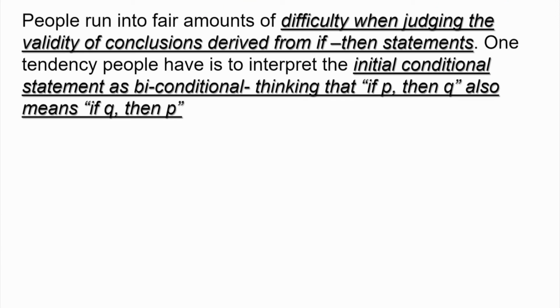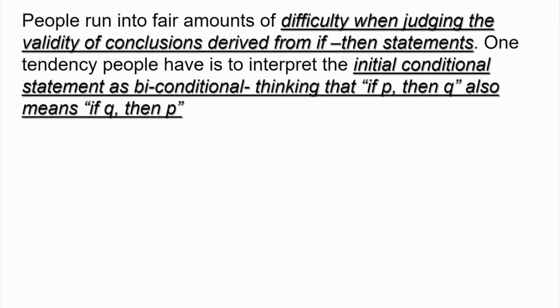So people run into a lot of difficulty when judging the validity of conclusions derived from if-then statements. One tendency that people run into is called biconditional, which basically means that if P then Q is wrongly interpreted as if Q then P. So if somebody likes Winnie the Pooh, they are a sensitive person, if P then Q, people also judge a backward linkage to it, which basically means that all sensitive persons like Winnie the Pooh, whereas this statement does not at all say that people who are sensitive like Winnie the Pooh.